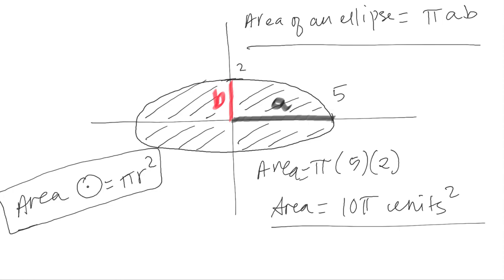So when you have a circle, when A and B are the same, then really you will have pi r squared, exactly the same as the circle.